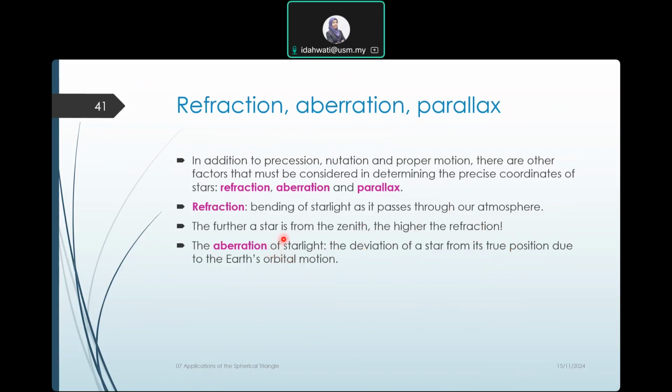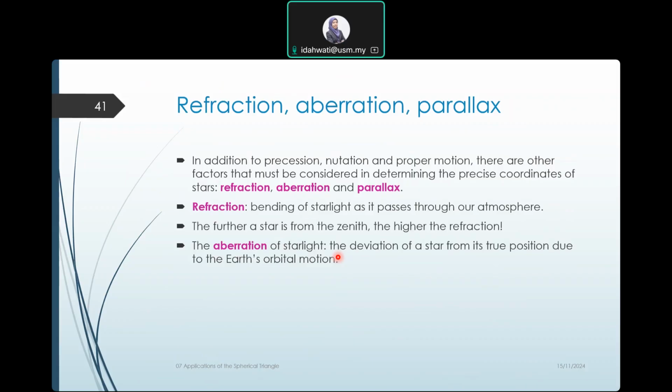If a star is at a different angle, not at the zenith, zenith meaning 90 degrees, but at some angle like 50 or 60 degrees above the earth, do you get a smaller refraction or a higher refraction?